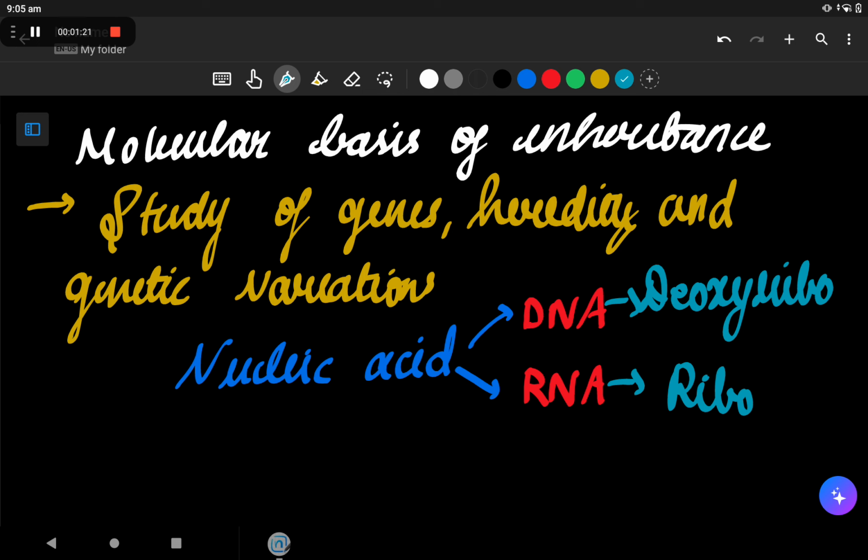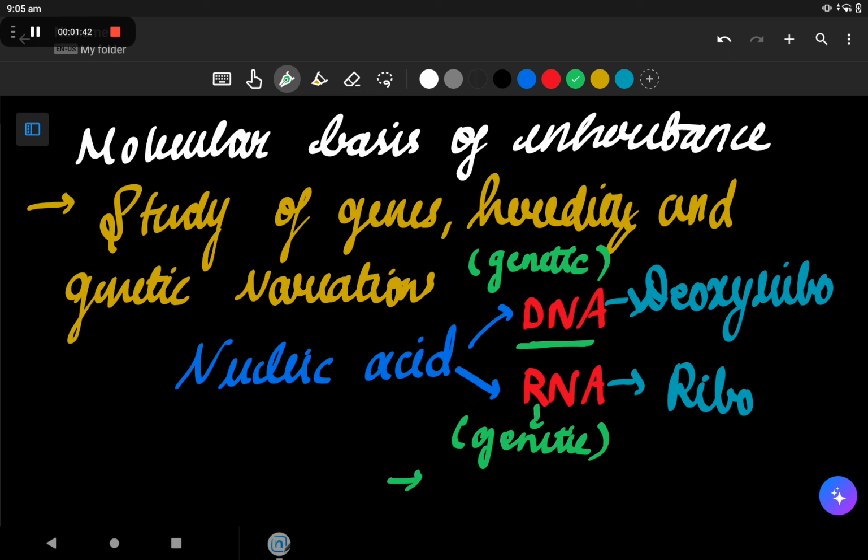So DNA will act as a genetic material in most of the organisms. Questions may come. Which acts as a genetic material in most of the living organisms? DNA is the genetic material in most of the living organisms. Whereas RNA is also a genetic material, but it has got many functions too. Like what?